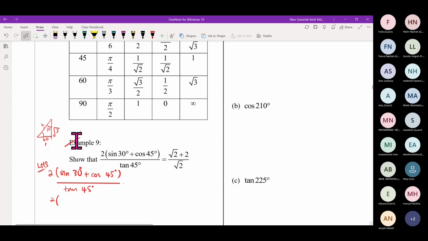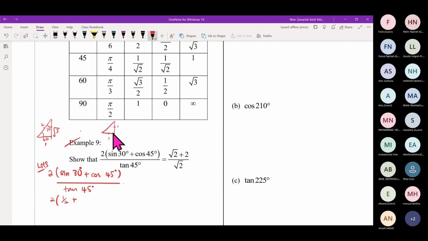Alright. So kita masukkan sin 30. So sin soh opposite over hypotenuse. So 1/2. Betul tak? Betul. Okay, plus with cos 45. Okay, cos 45 datang dari mana? Kalau tadi segitiga sama sisi, now segitiga sama kaki.